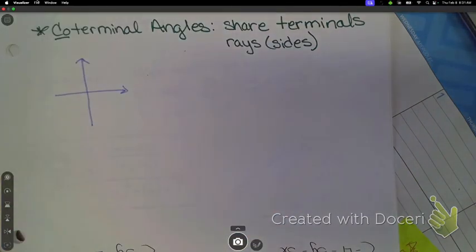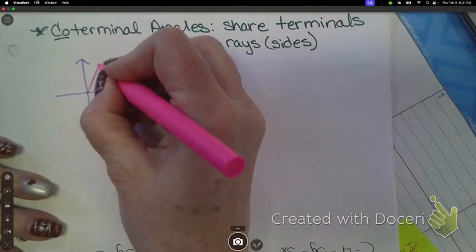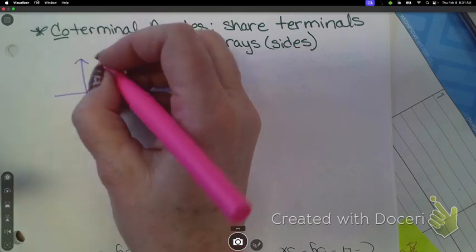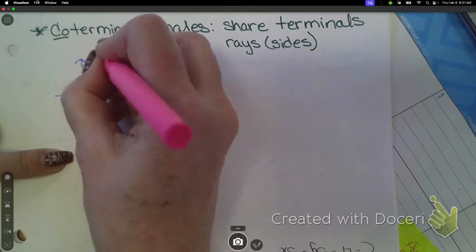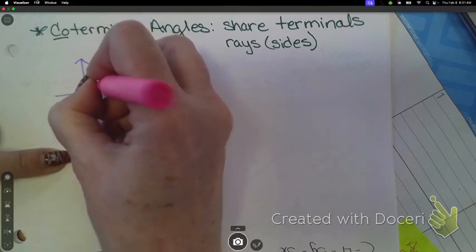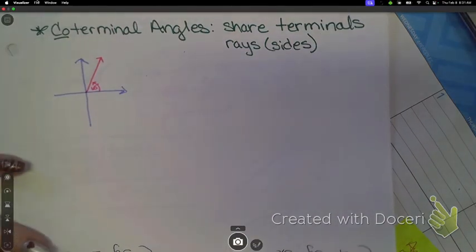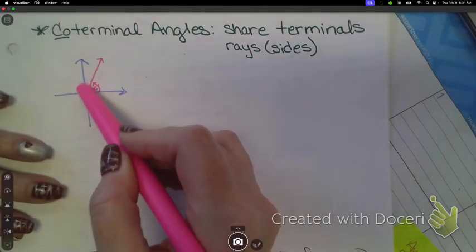So if I were to draw an angle here, and I told you this angle was 65 degrees. It's probably not quite 65 degrees. And I wanted to share this terminal side.